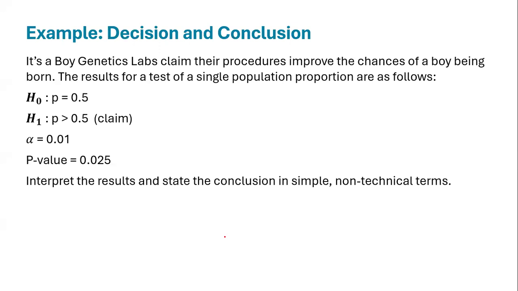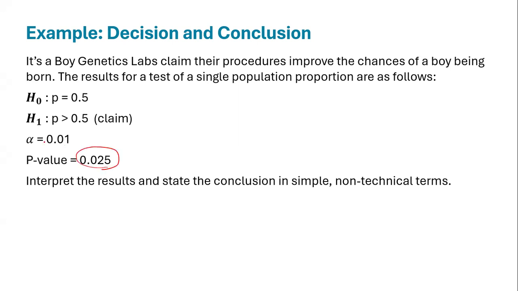Next example. The example about the boy genetics lab, which claims that the procedure improved the chances of a boy being born. We have the result here. We have the null and alternative hypotheses, the level of significance, and the p-value is also given to us. Now we want to make our decision and interpret the result. To make our decision, we compare the p-value with alpha.